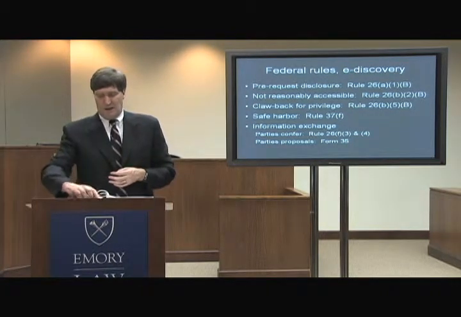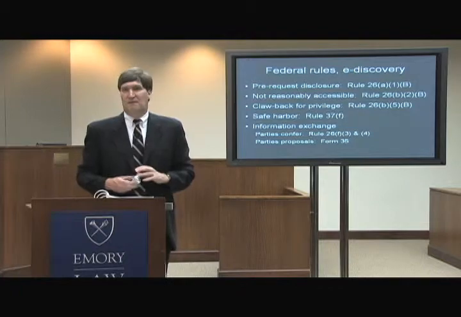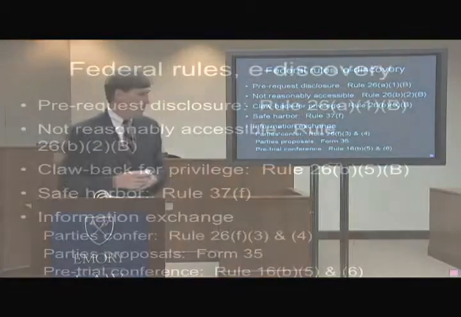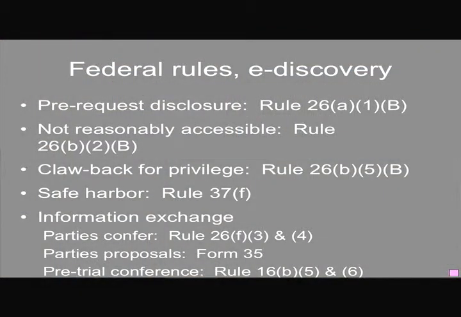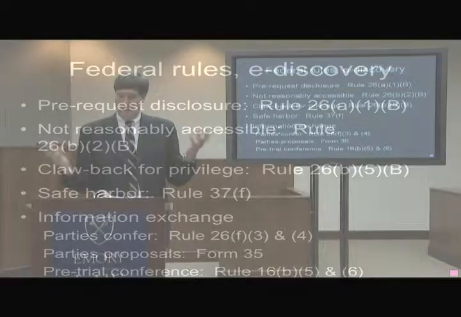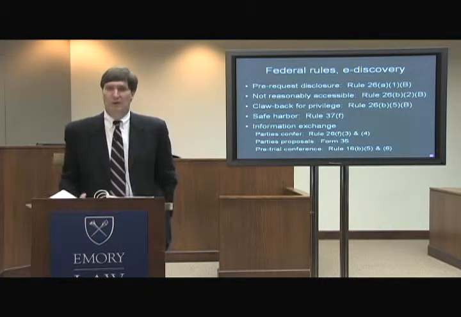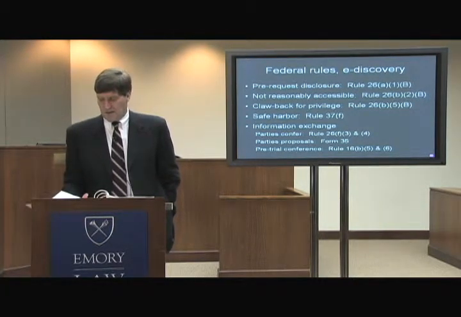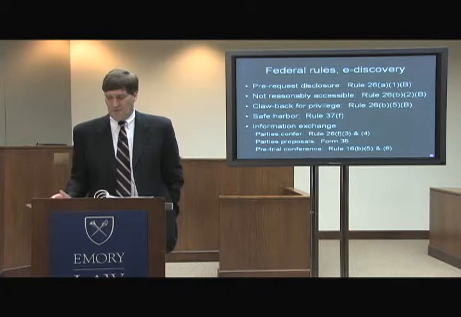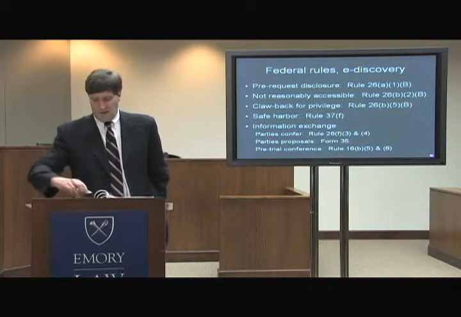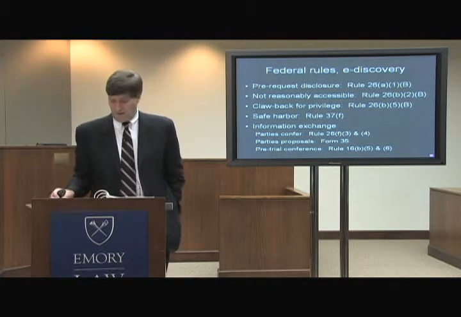Let me also say that the Rule 16 conference provisions also anticipate a pretrial conference at some point where you have a scheduling order where the e-discovery materials can be hashed out with the court's input if that's something that you also want to solicit. The scheduling order can provide provisions for electronic discovery or agreements that the parties have reached about that.